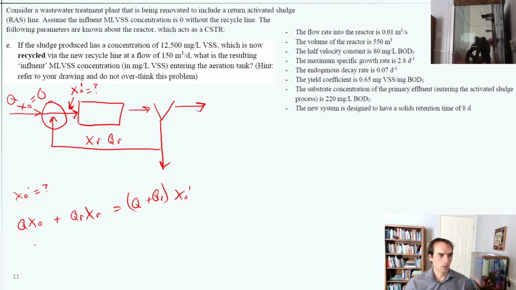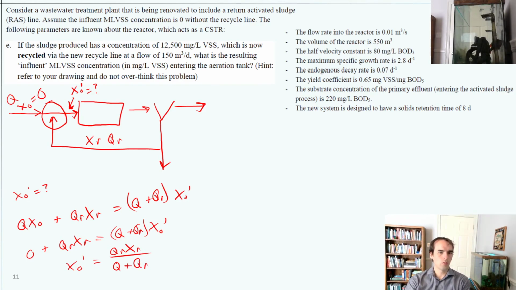With Q X naught being 0, we get 0 plus QR XR equals Q plus QR times X naught prime. And so then we can solve: X naught prime equals QR XR divided by Q plus QR.